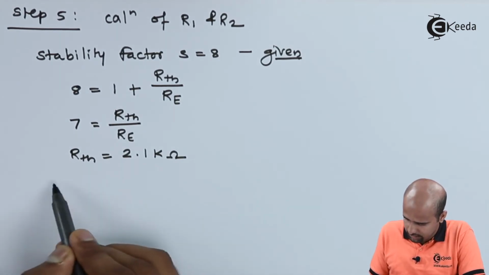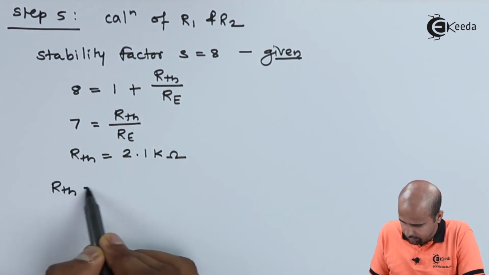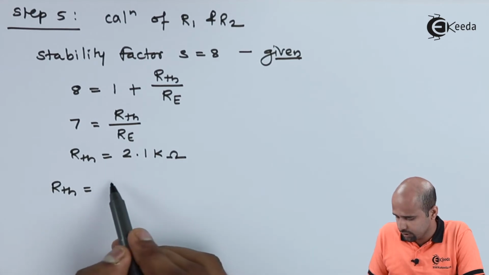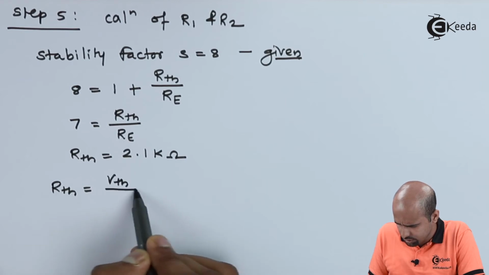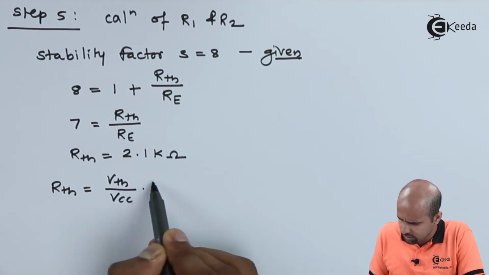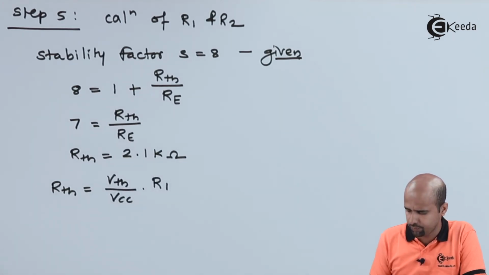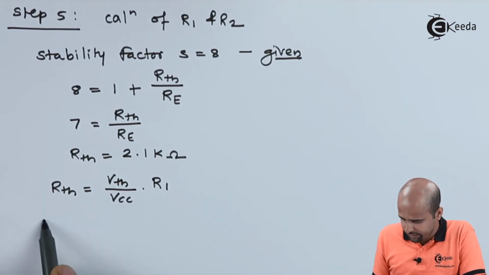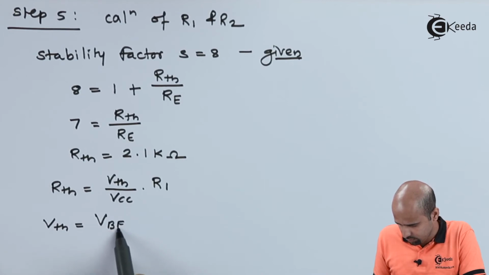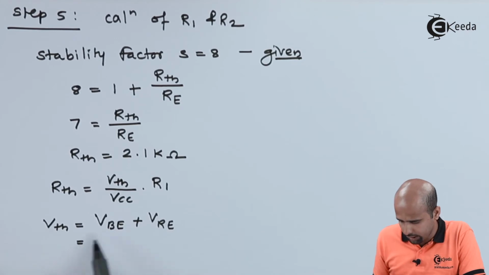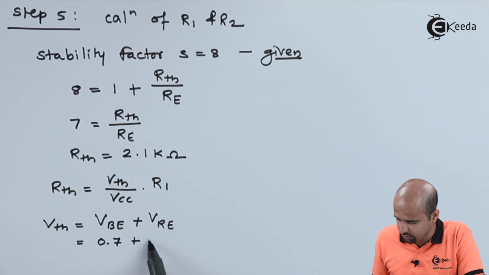Fine. We can also have RTH equal to VTH divided by VCC multiplied by R1. What is the value of VTH? It is equal to VBE plus VRE, which is 0.7 volts plus VRE, and VRE is equal to 2 volts.